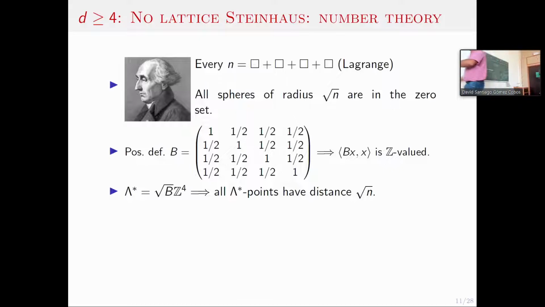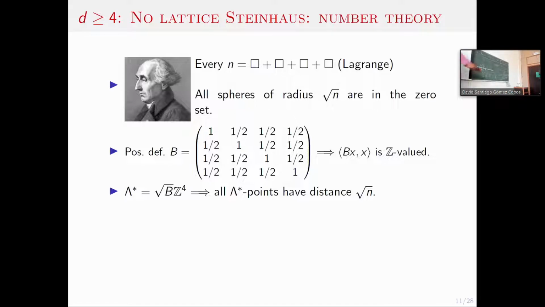Since it's positive definite, you can find the square root of this matrix. Let's call it root b. And let me define the lattice lambda star to be the square root of b times Z^4. Now this implies exactly that the square of the distance of all these points from the origin is going to be an integer. Why?